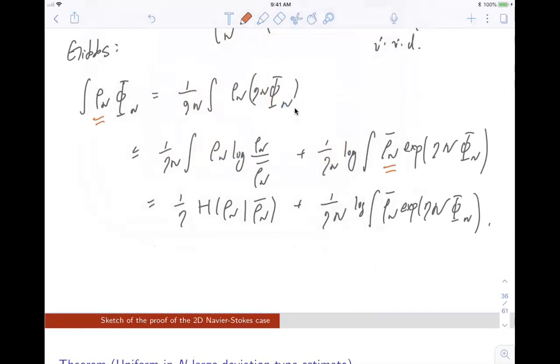But it compensates with an exponential. Here it's just some scaling, it's not important at all.